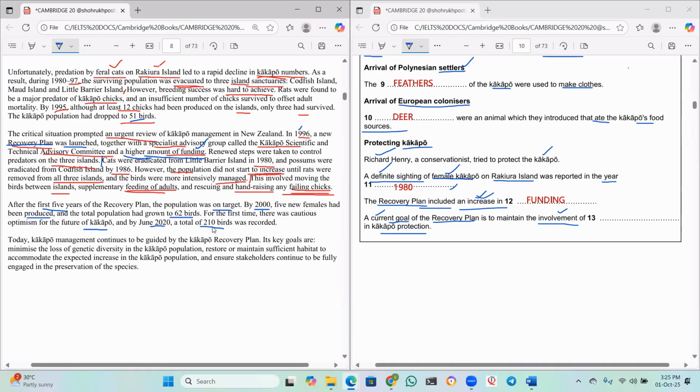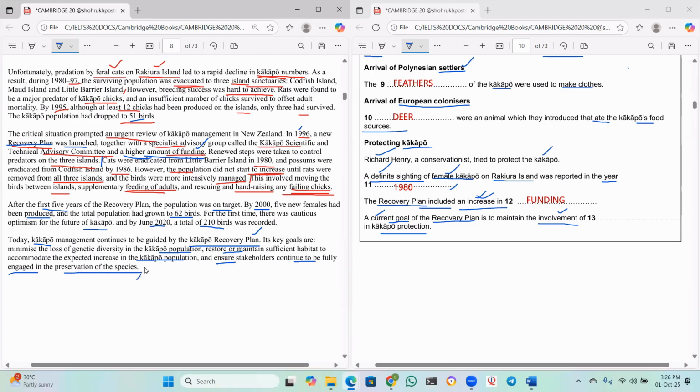That's a very good improvement. Today, Kakapo management continues to be guided by the Kakapo Recovery Plan. Its key goals are to minimize the loss of genetic diversity in the Kakapo population, restore and maintain sufficient habitat to accommodate the expected increase in Kakapo population, and ensure stakeholders continue to be fully engaged in the preservation of the species.